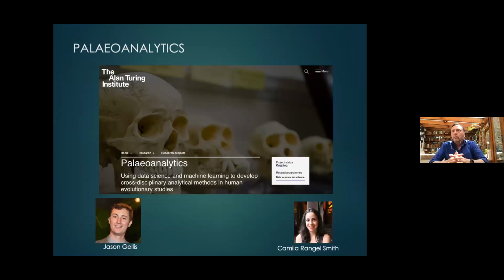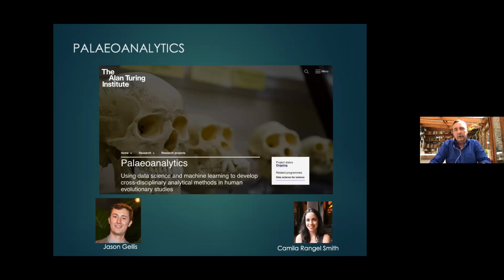So that's the idea that we're trying to pursue, is really fragmenting both cognition and fragmenting our approaches to technology. We need new methods to do this, and this is just a bit of advertising for a project that we have at the moment in conjunction with the Alan Turing Institute, the Data Science Institute, called Paleoanalytics, working with two people, Jason Gellis and Camilla Rangel-Smith.